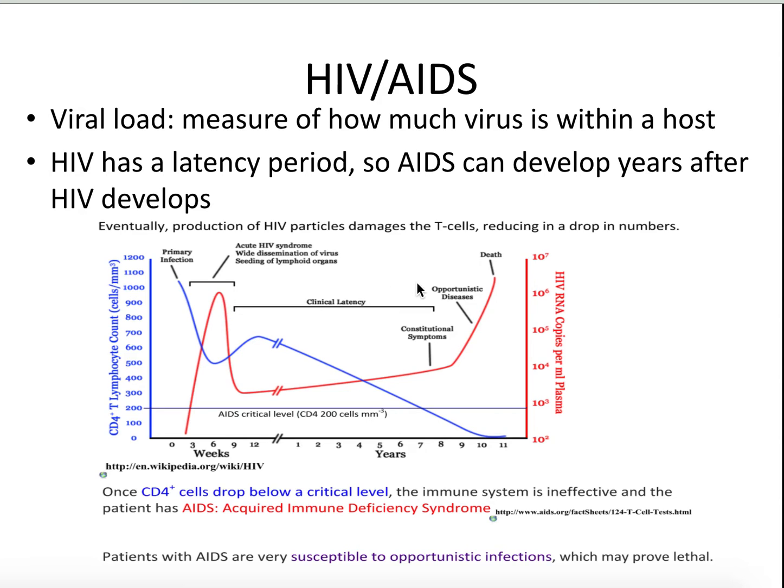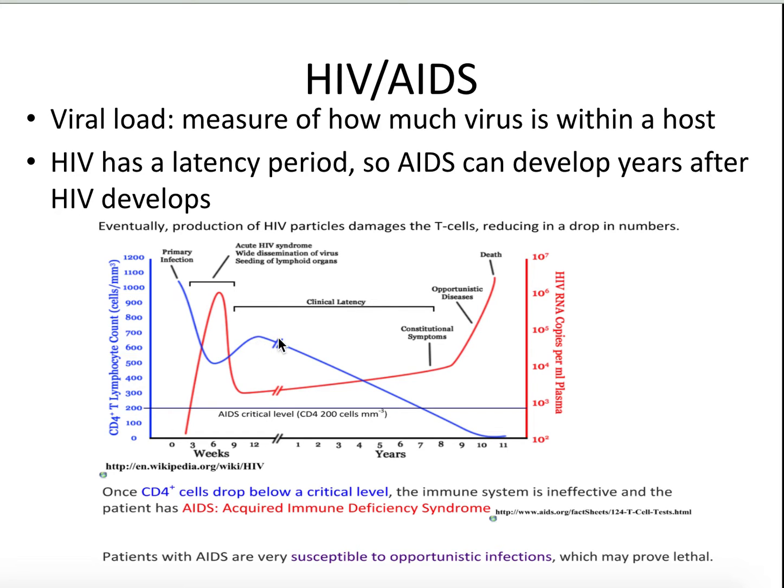This is the clinical latency period. This is where the immune system is fighting, because it's a slow process. AIDS doesn't usually come until years after HIV develops. This is the body fighting each other. Your helper T cells are trying to attack it, and you can see they increase because they killed some of the virus.